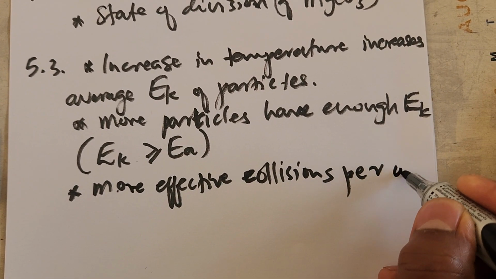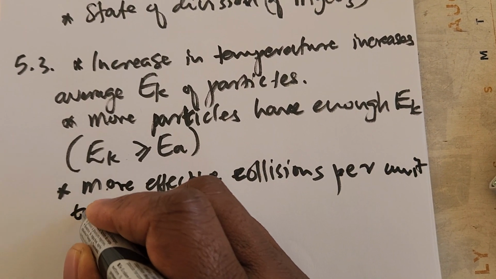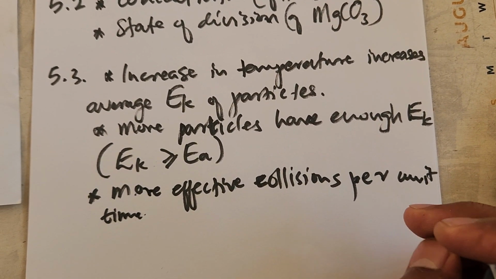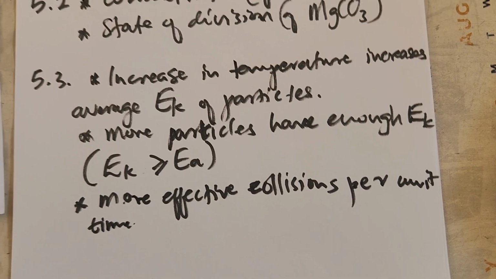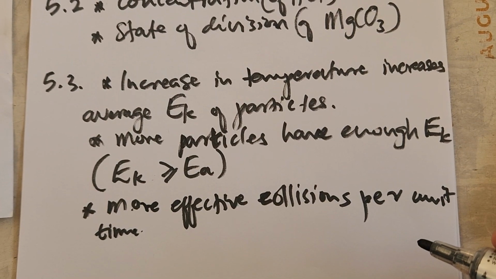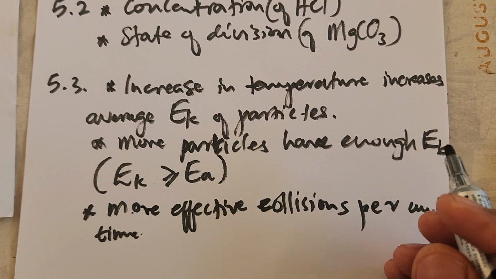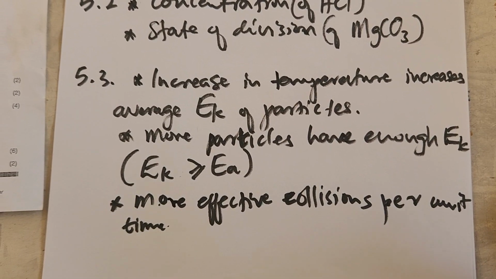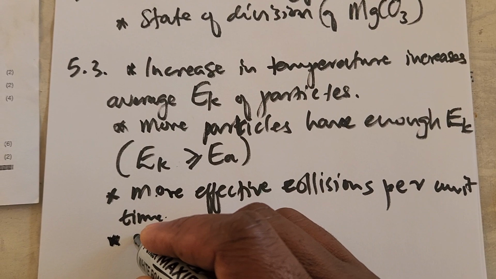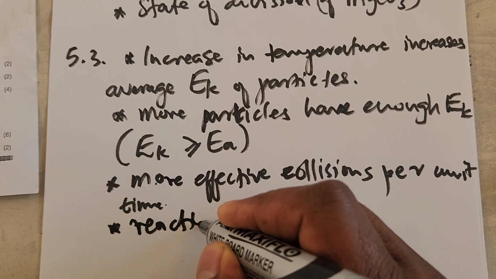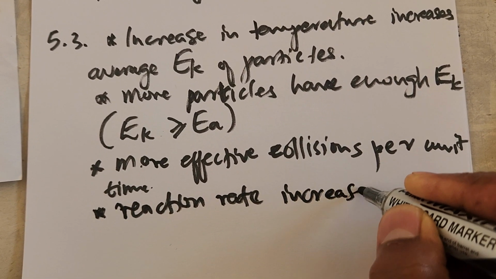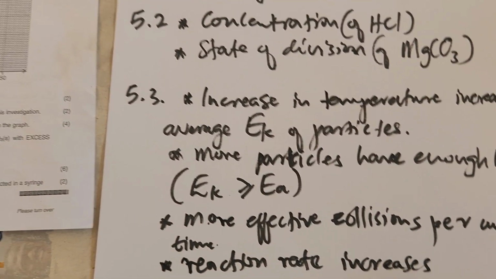Be careful, per unit time, or you can say the frequency of effective collisions also will increase, or you can say per second, more effective collisions per second, or the number of effective collisions increases per second. And therefore, hence the reaction rate increases. Fine. That is 5.3.